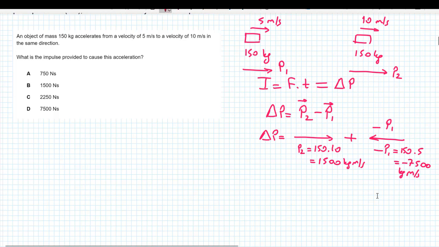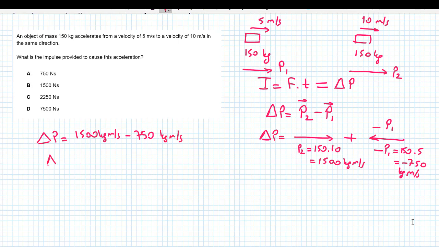Delta P equals 1500 kilogram meter per second minus, sorry, 150 times 5 equals 750 kilogram meter per second.